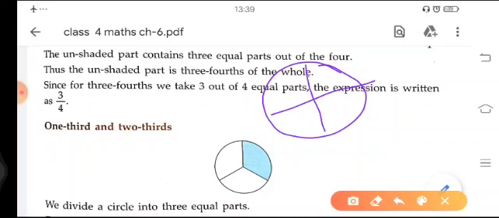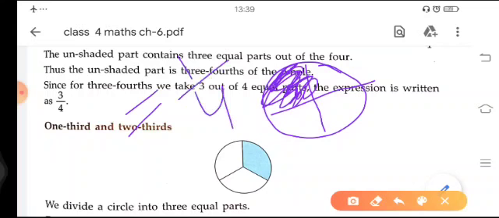And if I am coloring only one part like this, then what is the portion colored? I had made a color in one part and the whole is 4. So that is 1/4. That is the shaded portion.